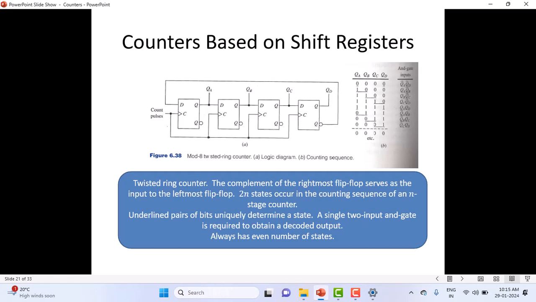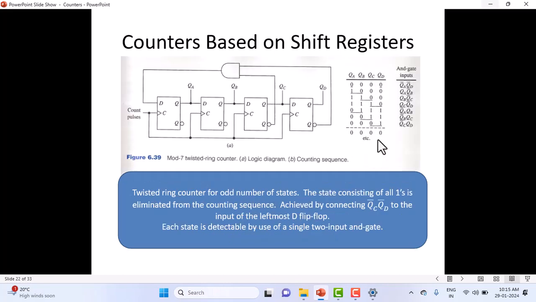The third state is 1, 1, 0, 0. The same one is propagated through. When everything becomes 1, the complement becomes 0, and therefore it starts again from 0, 1, 1, 1, then 0, 0, 1, 1, then 0, 0, 0, 1, and again back to all zeros. That's how the twisted ring counter works.